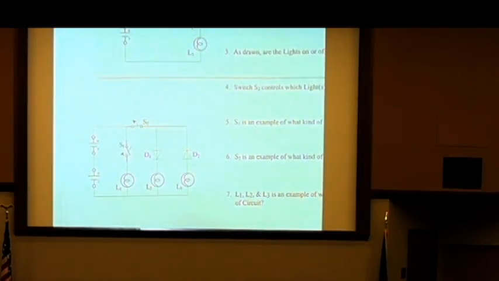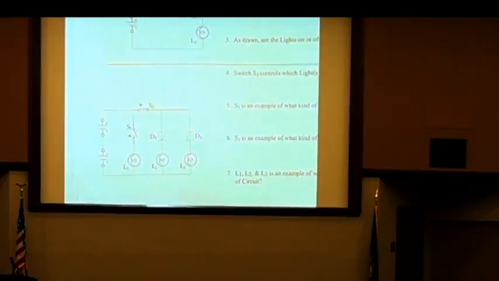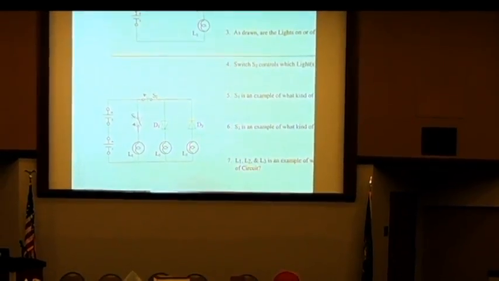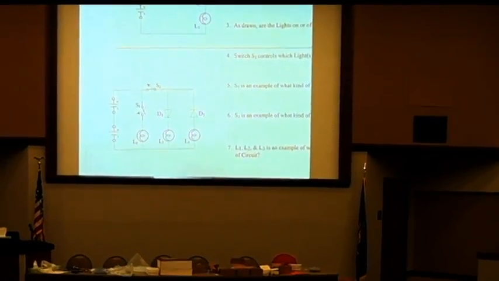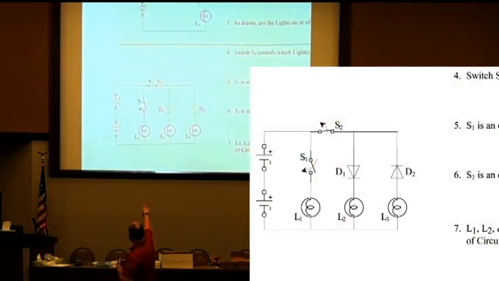How come it's not lighting D1 and L2? I like it better here because I can kind of show. I didn't on this drawing put the pluses and minuses, but on D1 the plus is going to be at the top, the minus is going to be at the bottom, okay?